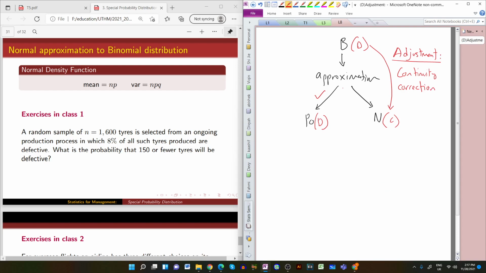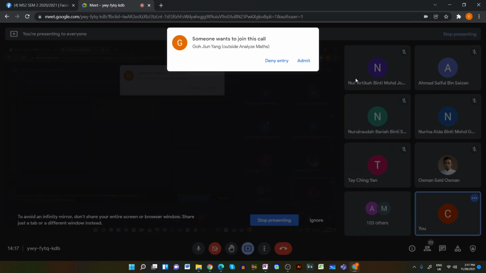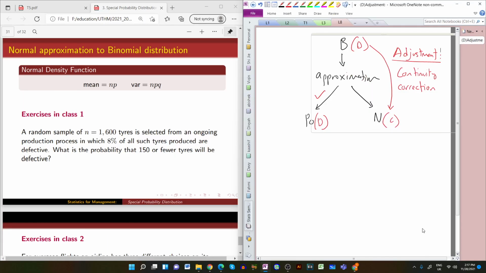But binomial to Poisson, no adjustment needed because both are the same type, discrete and discrete. But when you want to do approximation by normal, then we have to do some adjustment in the variable because we are going to change the discrete to continuous.